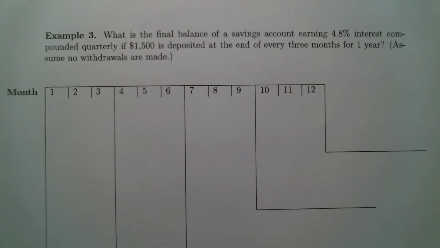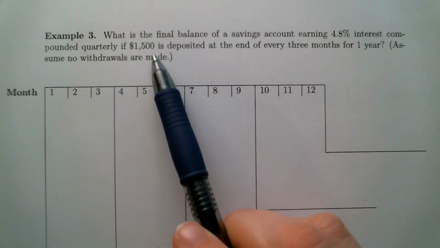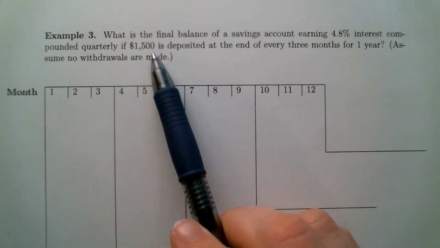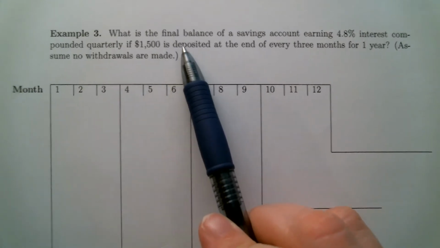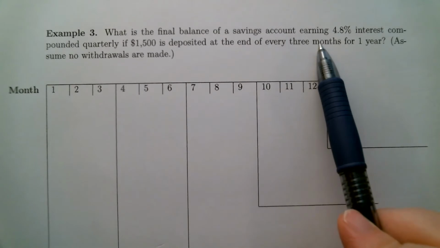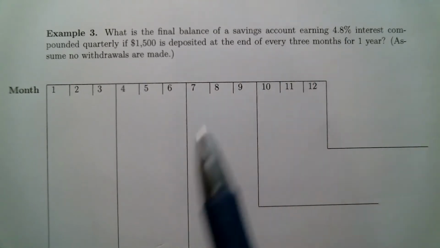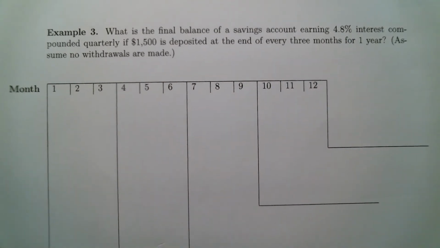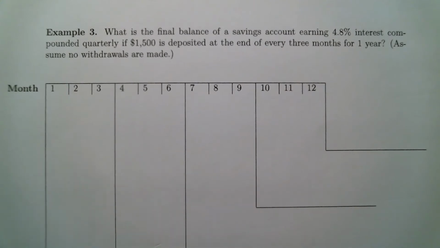The only difference now is you're making regular deposits. $1,500 is deposited at the end of every 3 months for a year. So that changes the game. In example 1, you deposited one lump sum of $1,500. You put the money in the bank from day 1, forgot about it, came back at the end of the year and figured out how much money you had in the account, and it had grown through interest.